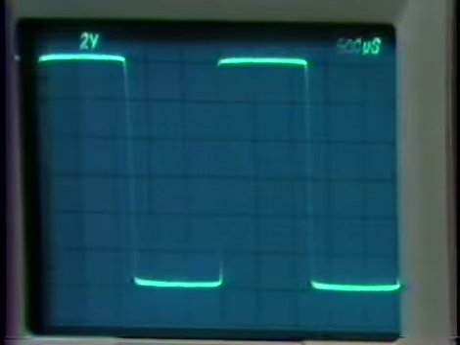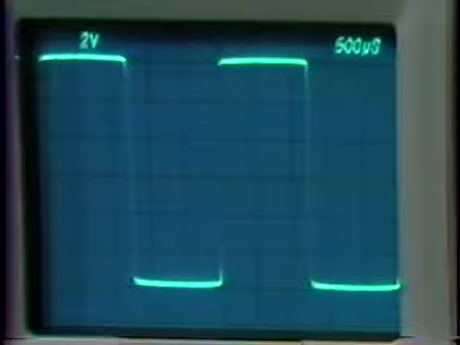We have 5 divisions horizontally, so that's 2.5 milliseconds. To within scope accuracy, we measure about 400 hertz for the frequency of oscillation. That's certainly within our experimental confidence in first of all, building the system, and secondly, measuring its frequency of oscillation. So that tells us that the prediction made by describing function analysis is in fact confirmed.